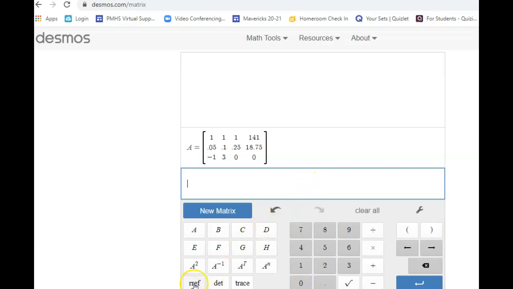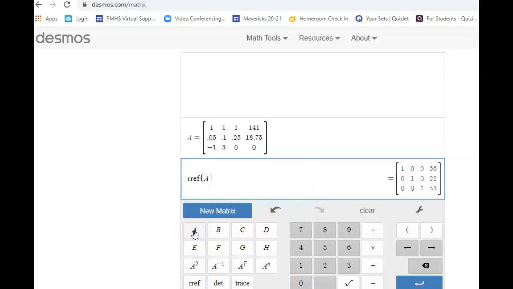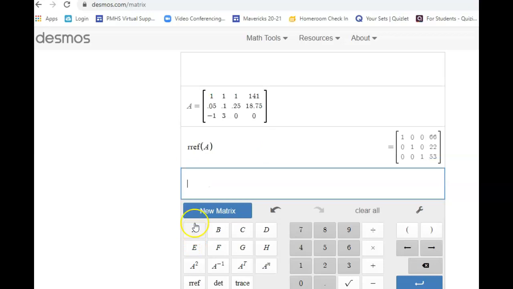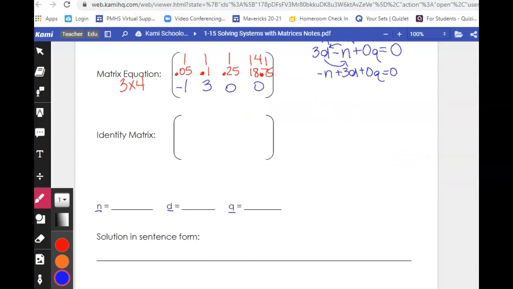I want to reference matrix A. So there is my identity matrix. Notice how it has numbers on the right side, a diagonal of 1s to identify the variable, and 0s everywhere else. So I'm going to go ahead and write my identity matrix.